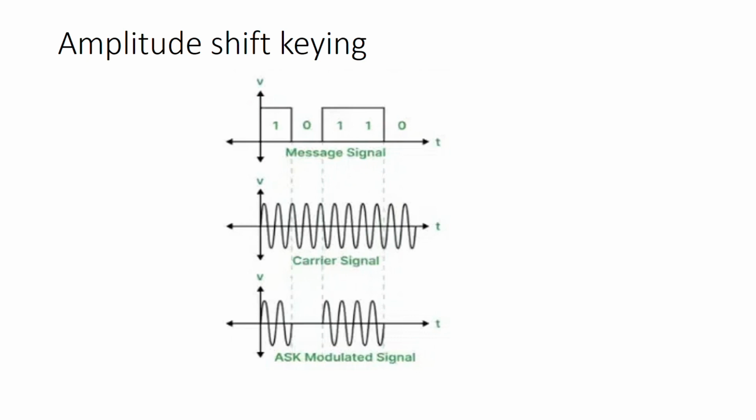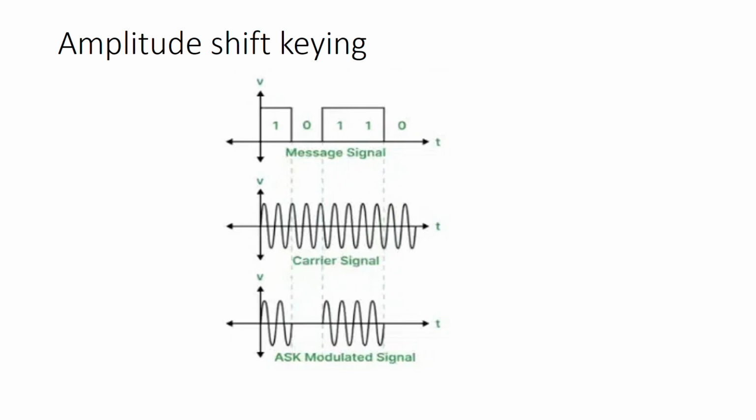A carrier wave is used to send the digital signal, and as you know, ASK is a modulation method where the digital signal changes the amplitude of the carrier wave. In ASK, the amplitude of the carrier signal varies in accordance with the digital data. The carrier frequency and phase remain constant.